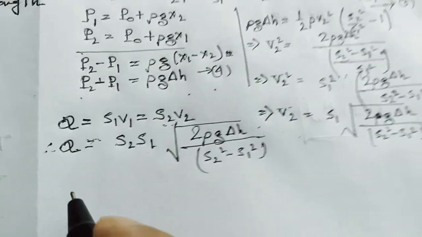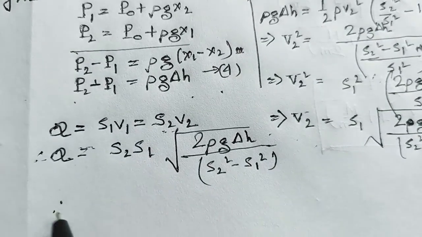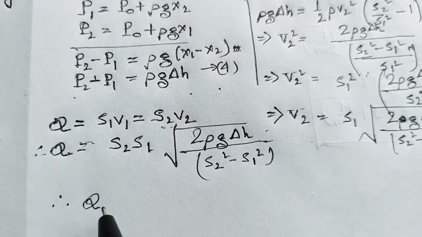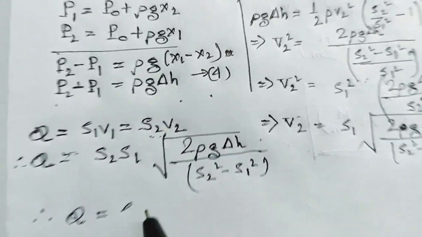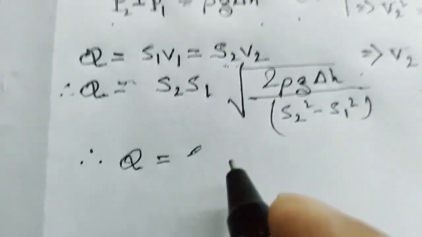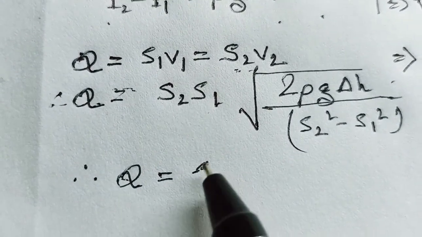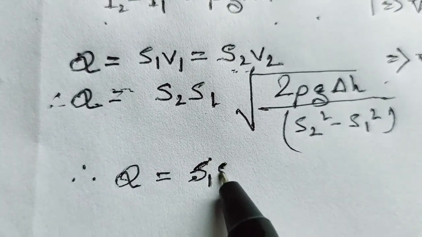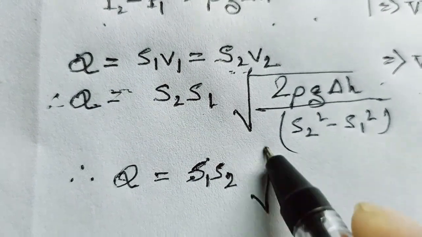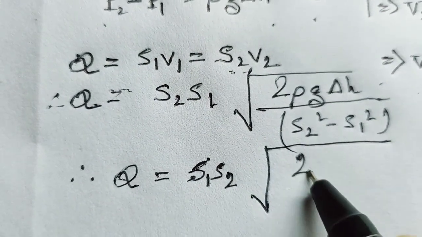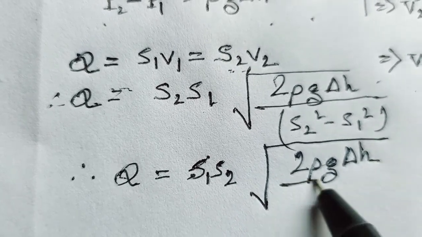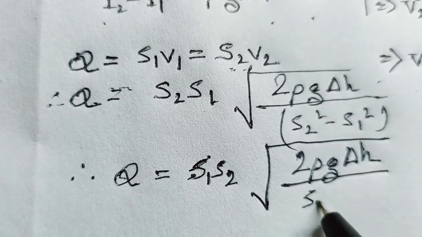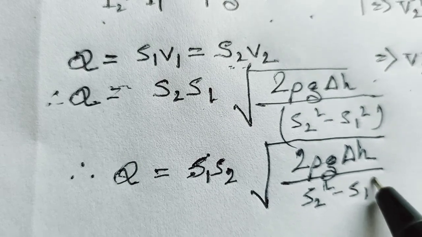Rearranging, the volume flow rate of water will be Q equal to S1 S2 under root 2 rho g del H divided by (S2 square minus S1 square).